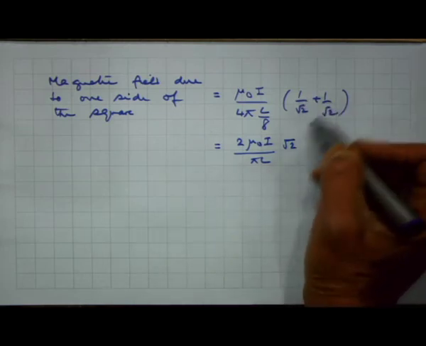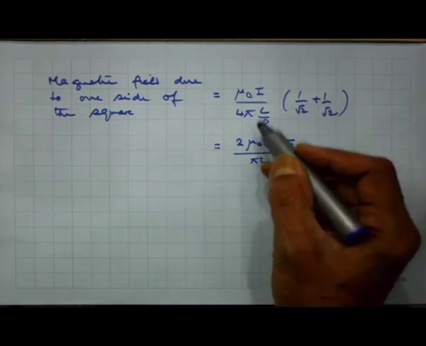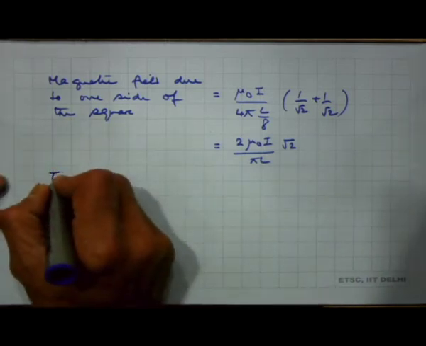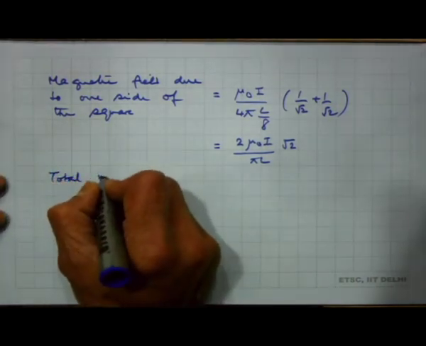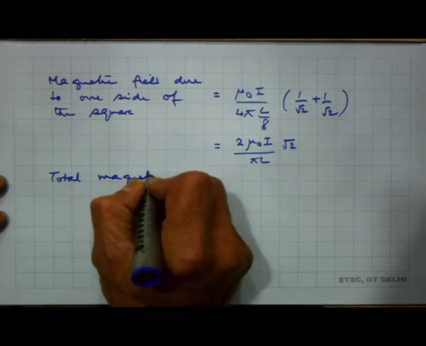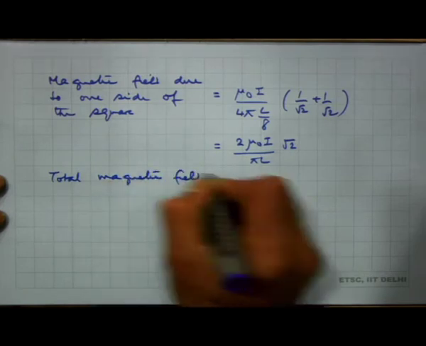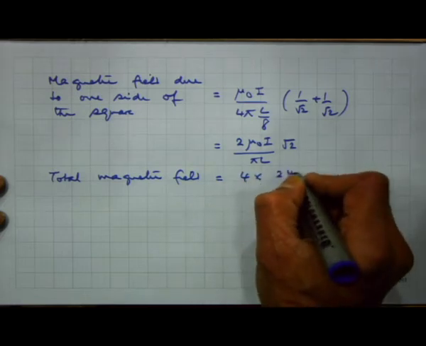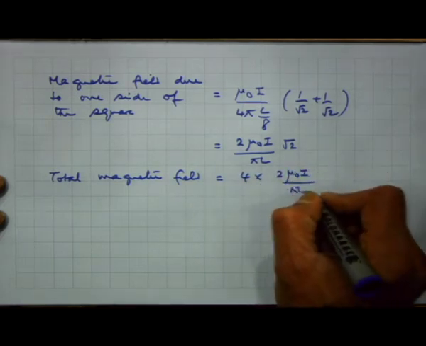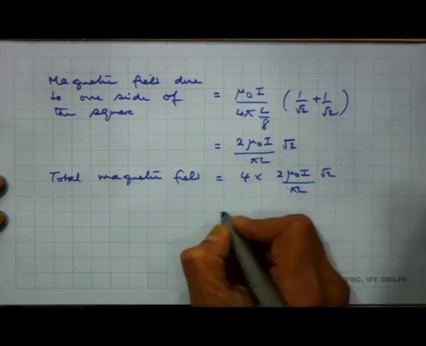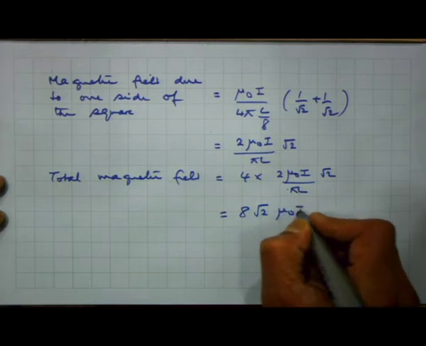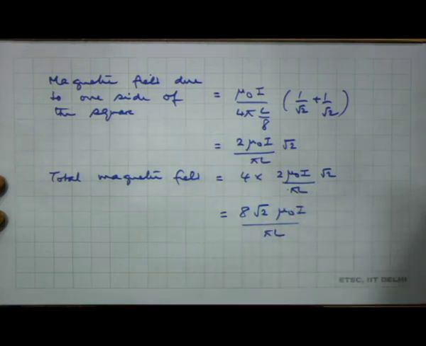So, this is 2 by root 2, which is root 2, and I have 2 mu naught I by pi L into root 2. So, the total magnetic field is 4 times this, 4 into 2 mu naught I by pi L root 2, which is equal to 8 square root of 2 mu naught I by pi L.